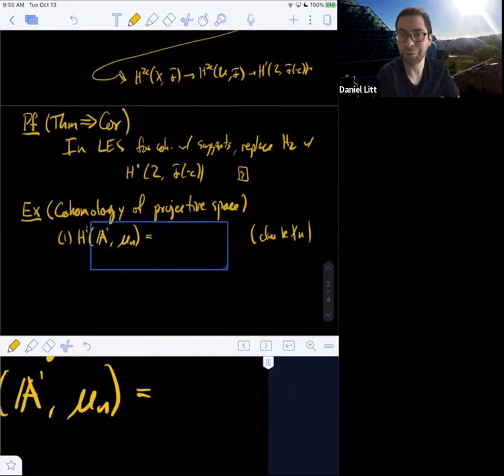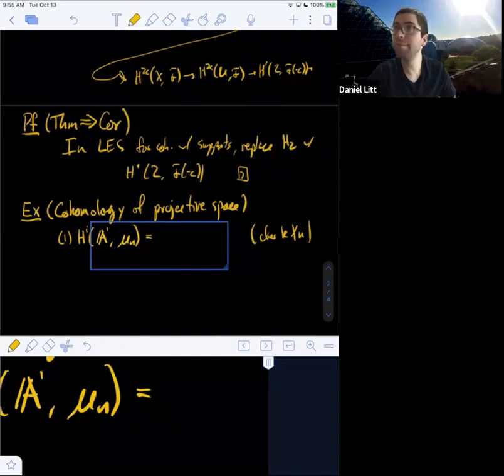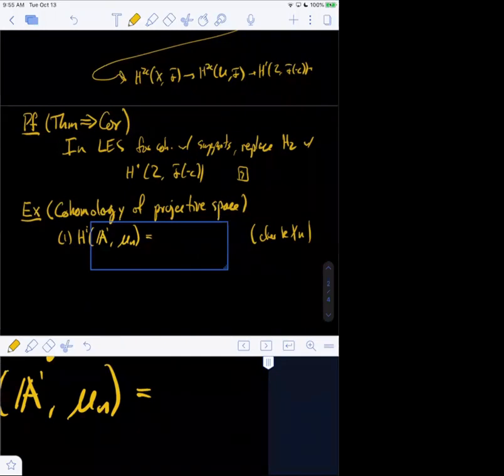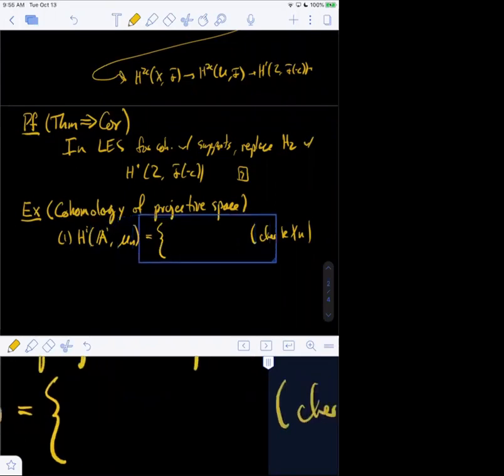So can anyone remind me what is the cohomology of the affine line? Anyone? It is Z mod nZ for i = 0, and then I think 0 for i = 1.